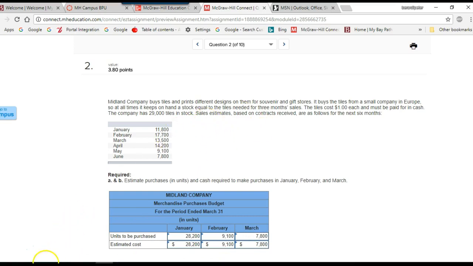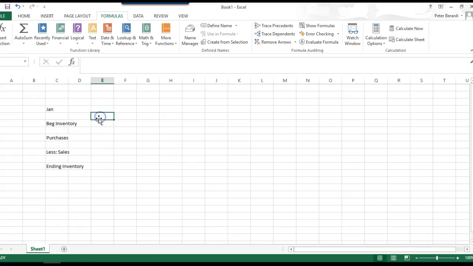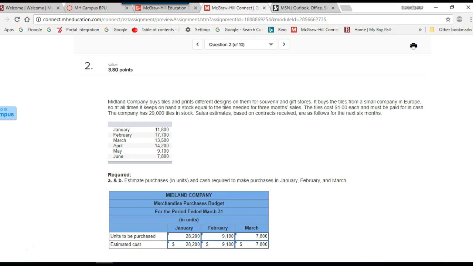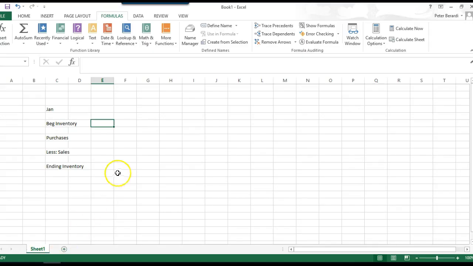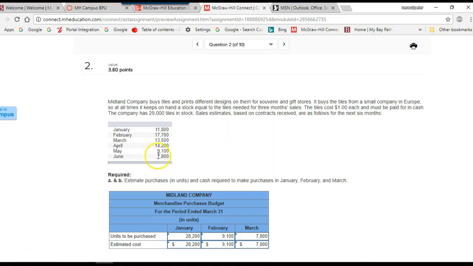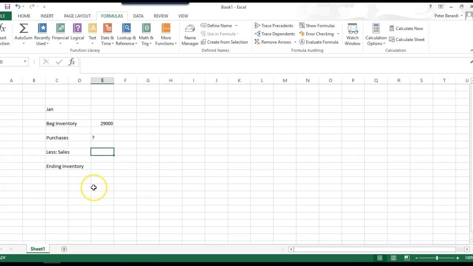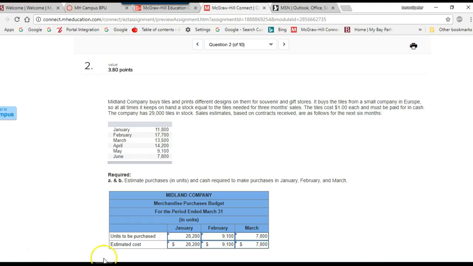So what I would do is, for January, our beginning inventory we are told in the problem is 29,000. We don't know what the purchases are. That's what we have to figure out. But we do know what January sales in units are, 11,800. And we do know what inventory is at the end. They tell us that we need 3 months of inventory at the end of each month. So we need 3 months of sales.